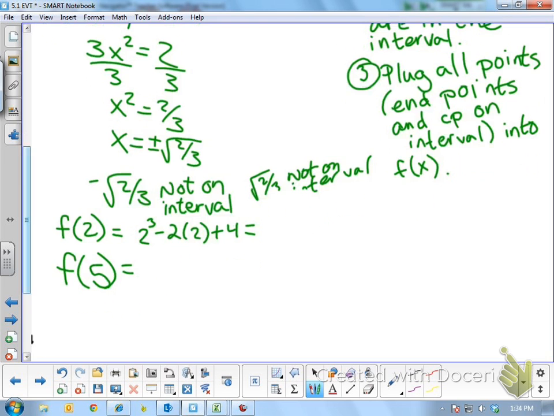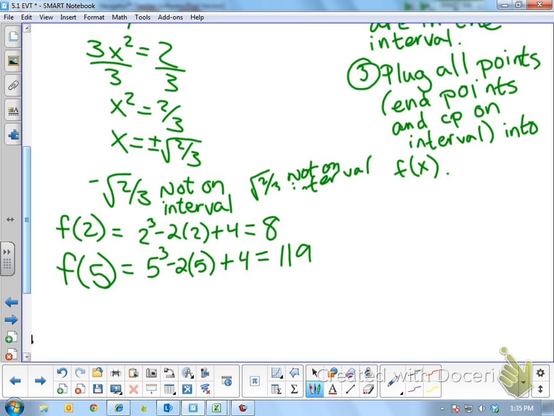So we get 2 to the third minus 2 times 2 plus 4. That is 8. Then we plug in 5. 5 to the third minus 2 times 5 plus 4. It's 119. So which one is our max? Which one is our min?